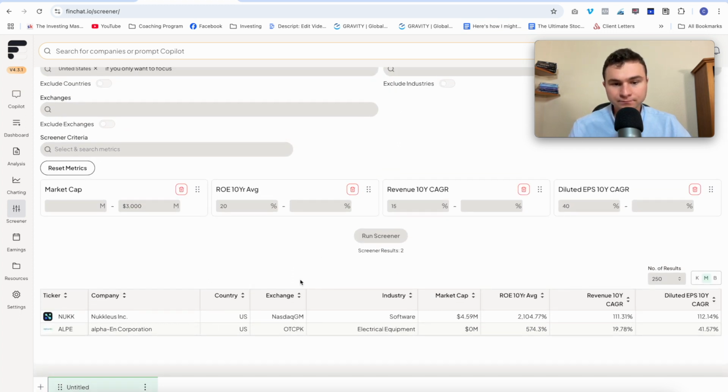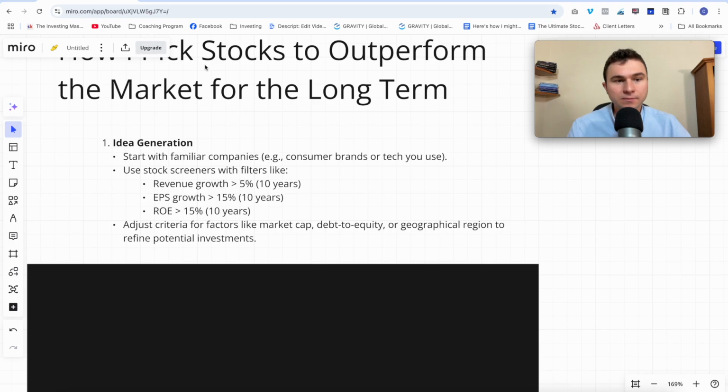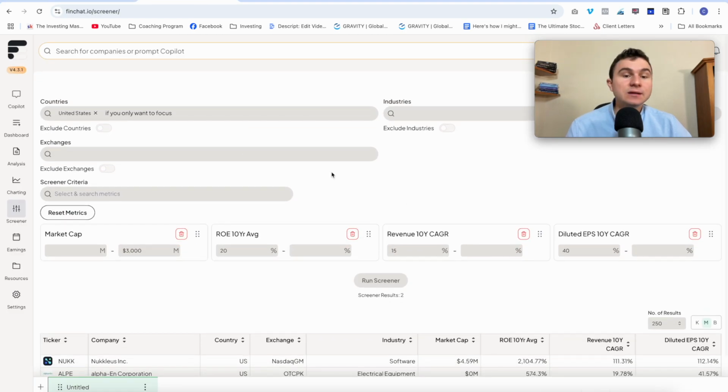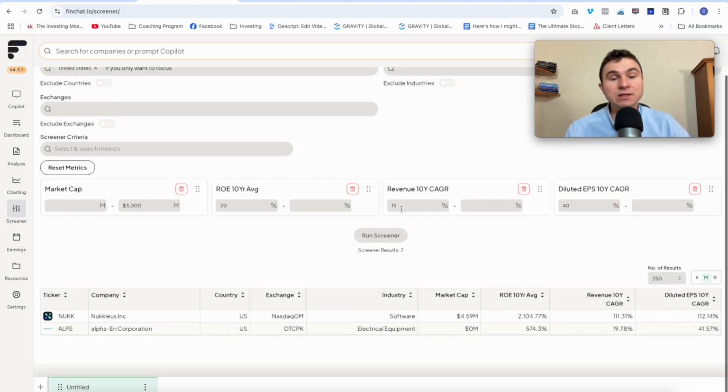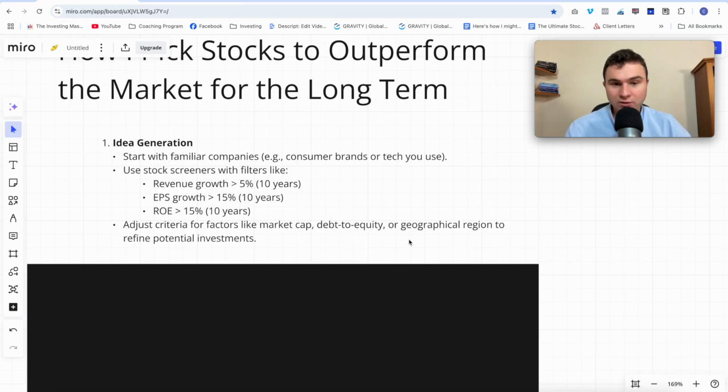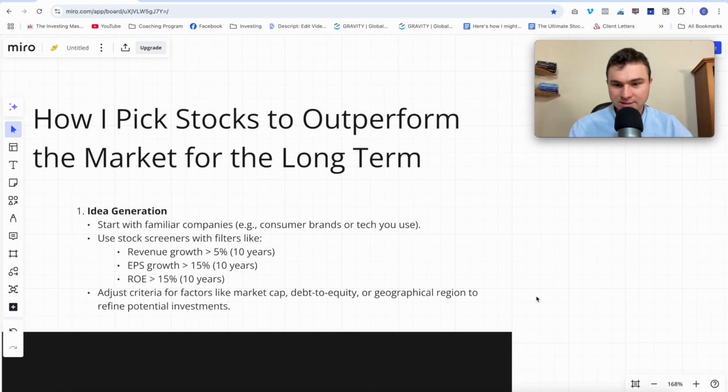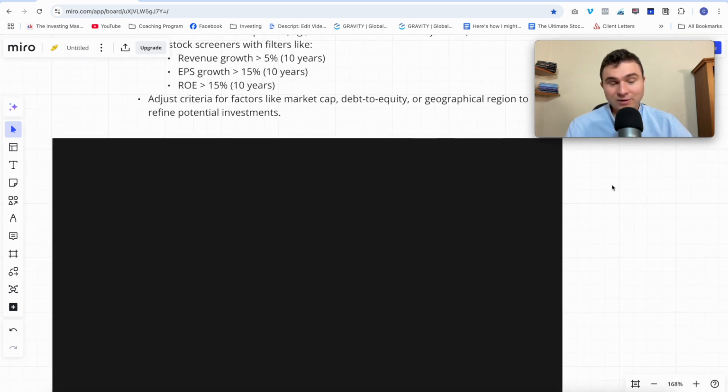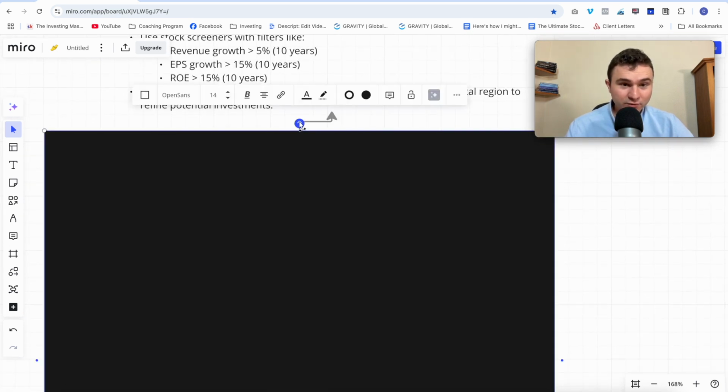I have two companies that are small. Debt to equity, maybe you only want to invest in companies with no debt, with a lot of cash. Geographical region, well, we put the US. You can put any metric you want, literally, depending on your risk tolerance, depending on what you want to find in a stock. Okay, now you know where to find great stocks, which is maybe a starting point, and that's a very important starting point.